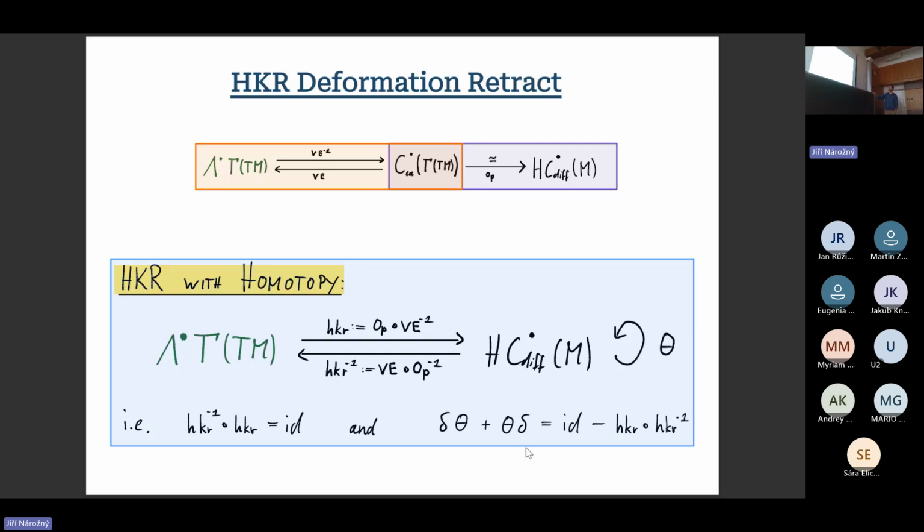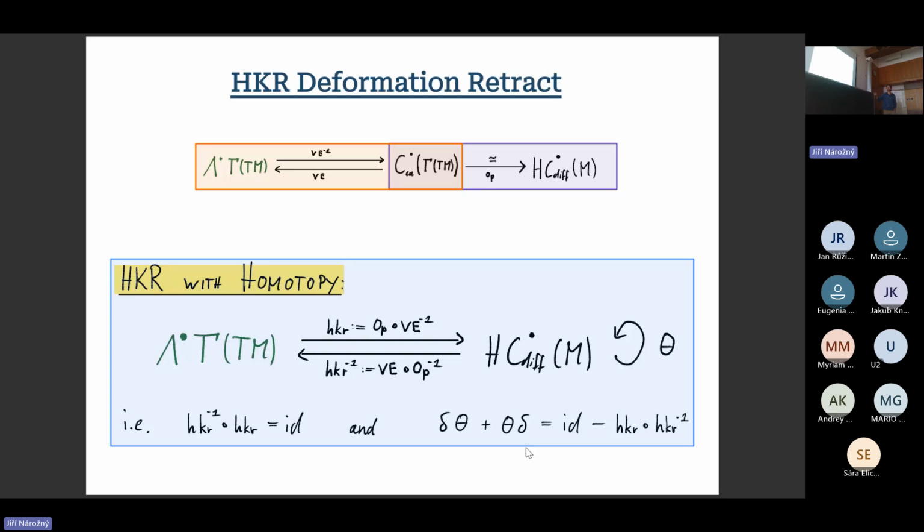We have the HKR map from the multi-vector fields to the differential operators, just the composition of this Van Est map, which itself was a composition of these horizontal and vertical maps, and our identification of the symbols, this symbol calculus. At this point, this is just some map, but I call it HKR because it is really the simple HKR map that I showed you.